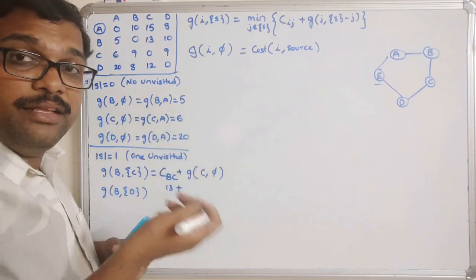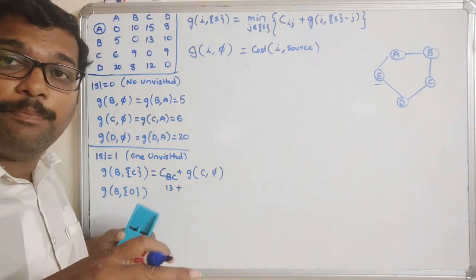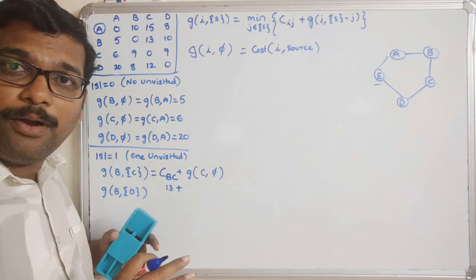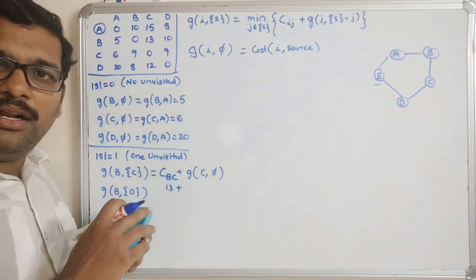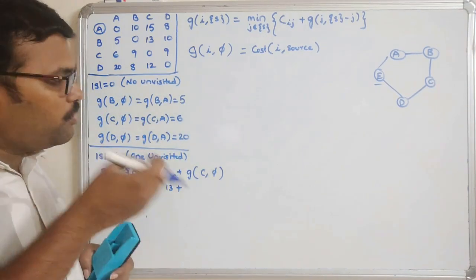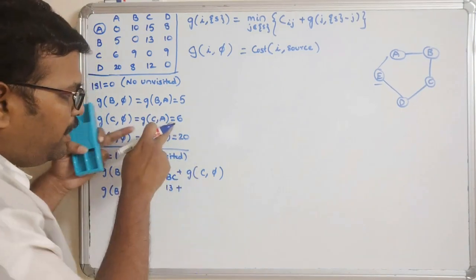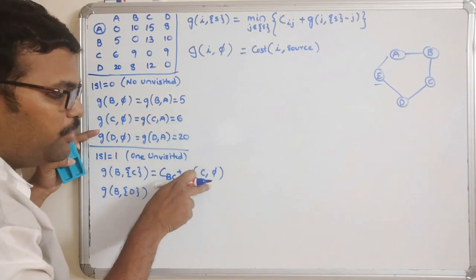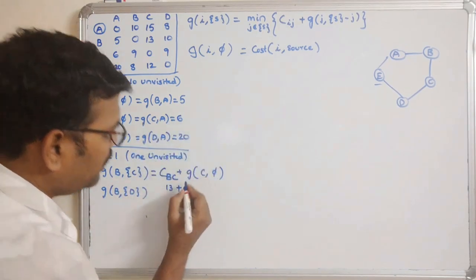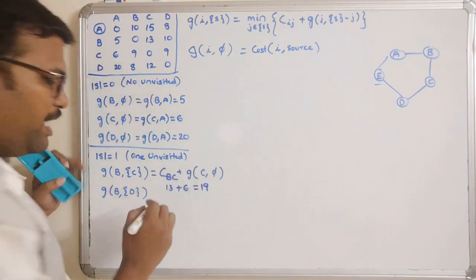That's what we say in dynamic programming: the complex problem is divided into subproblems, and we solve the subproblem and store the result, so that in future if it is required, we can make use of the value from memory. So here we have already calculated it, so we need not calculate it once again. We can simply use this value 6. So 13 plus 6 is 19.